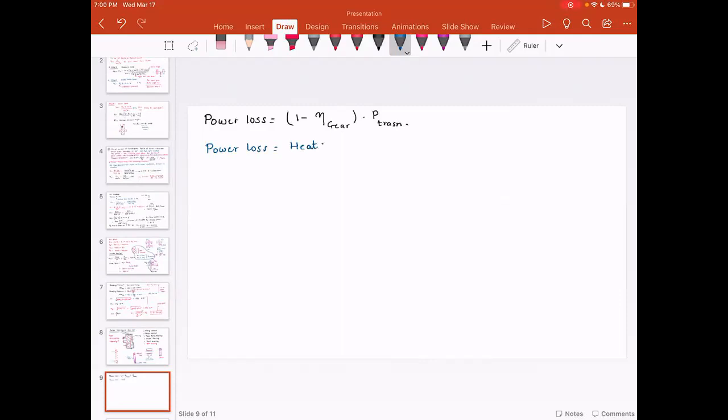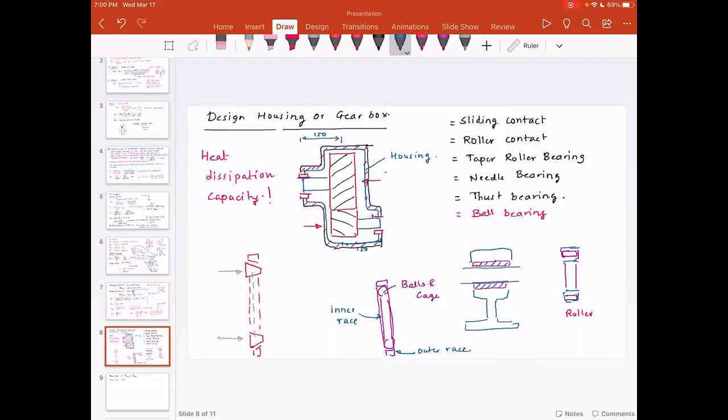And what happens to this heat? If you look at the casing, usually there is some type of lubrication, some oil that is being circulated. Many a times the gear runs in oil, or many a times you have an oil reservoir. Since the gear is rotating through the oil reservoir, the oil gets splashed and the heat is dissipated.